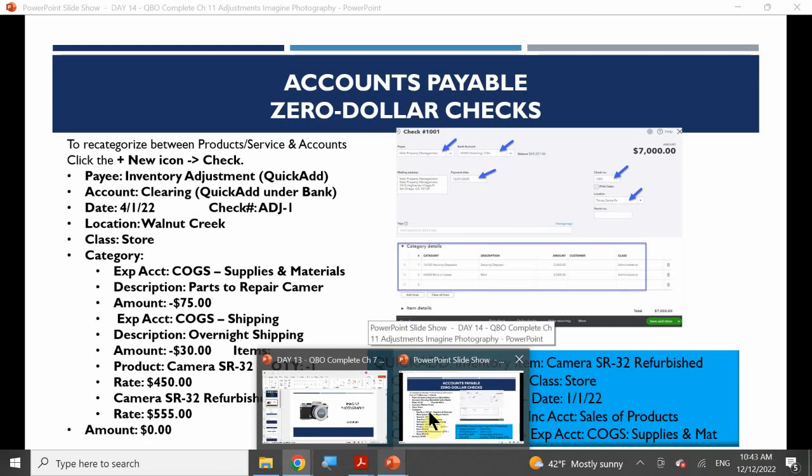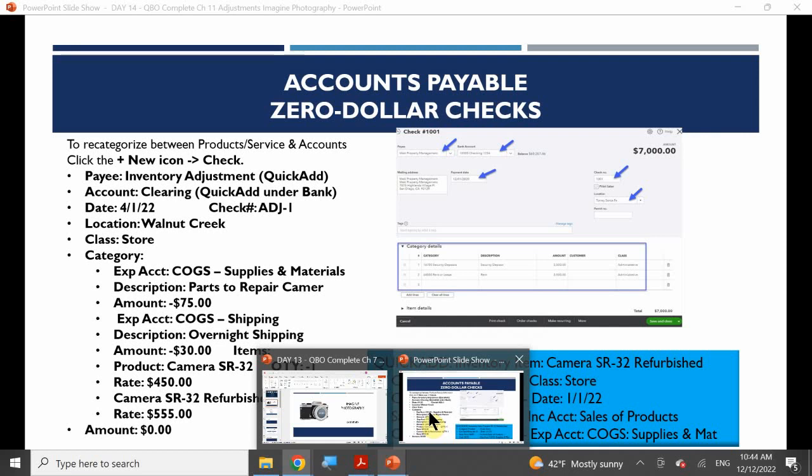We need to first enter in our first category, which is going to be the cost of goods sold, supplies, and materials, okay? And we're going to go ahead and put in parts to repair camera for negative $75, okay? Hence, the key here is negative $75. That means you spent money here, okay?